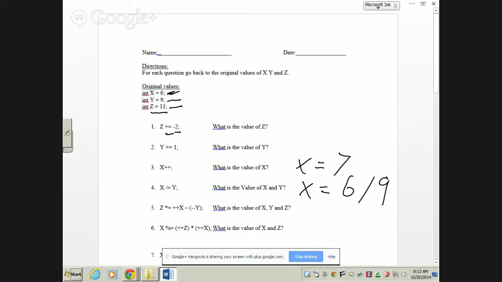Now, if you were doing fractional division, that would be 2/3 or 0.667, something like that. But since all of these are integers, we're doing integer division. So what this question is asking is what is the integer part of the division of 6 divided by 9?